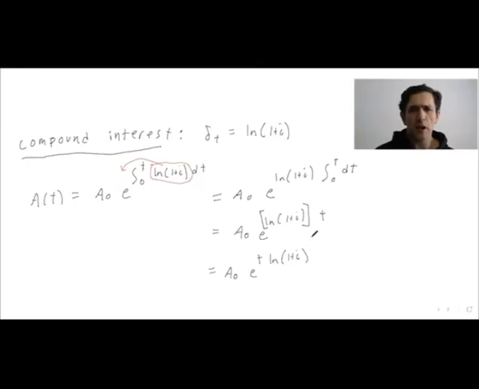I'm basically just taking this and sticking it up front. You should know what to do here: I'm going to use the properties of the natural log and bring it upstairs. Certainly I'm allowed to do that.